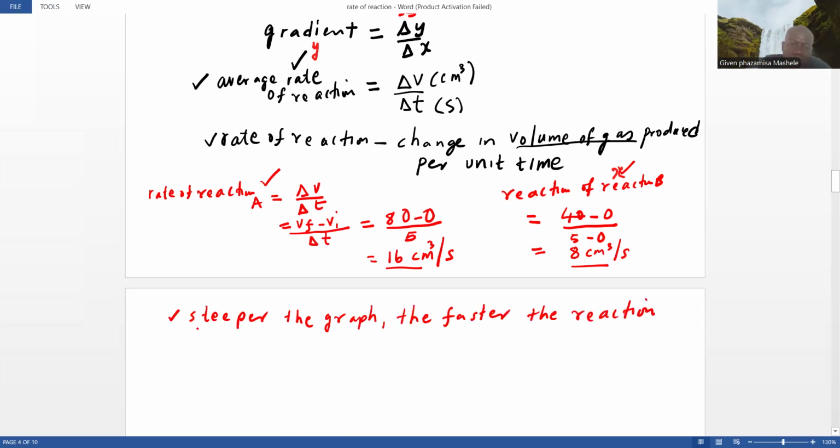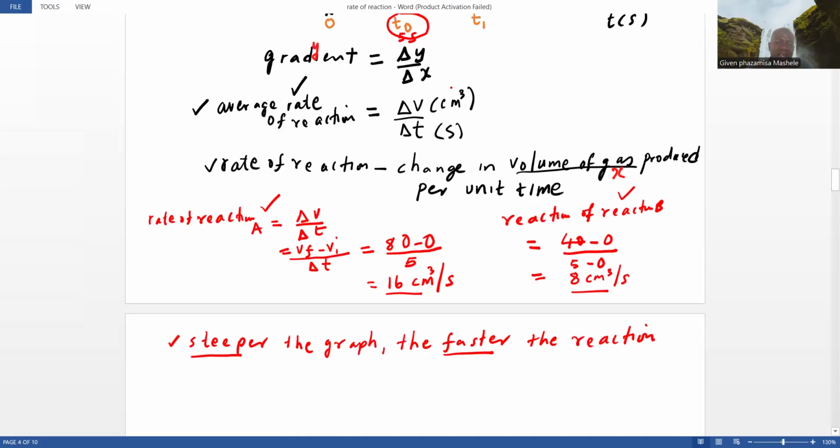So you need to be able to tell which graph is faster than the other by looking at the gradient, and you can know which graph reacted faster than the other.